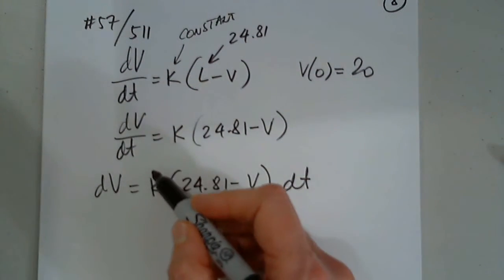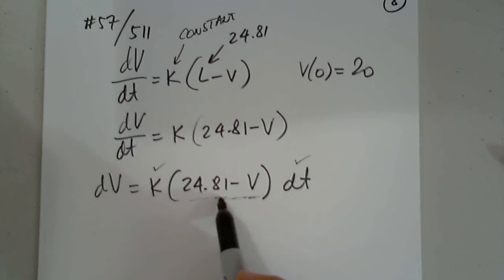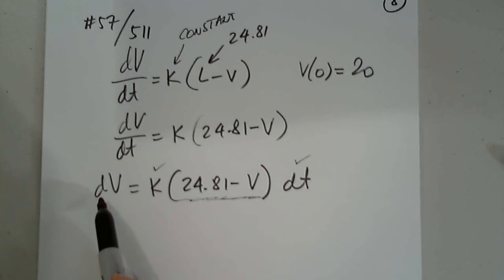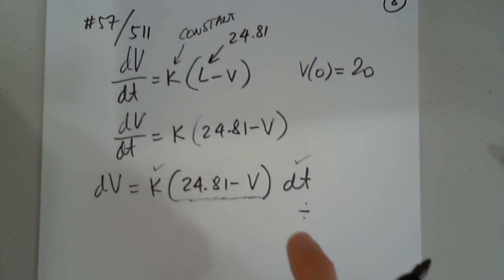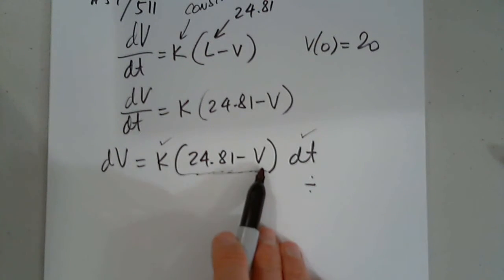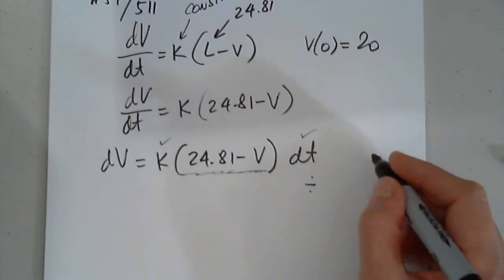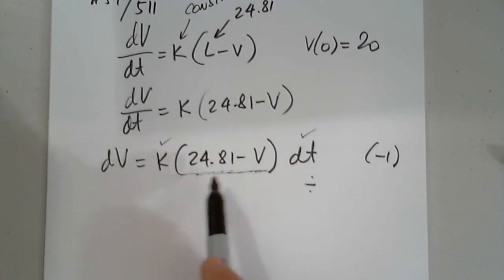Now I realize the constant is fine, dt is fine, but this does not belong here. This belongs with dv on the other side. So I will divide by it. Because I don't like it with a constant minus v, I'm going to first multiply by -1, or just factor out -1.